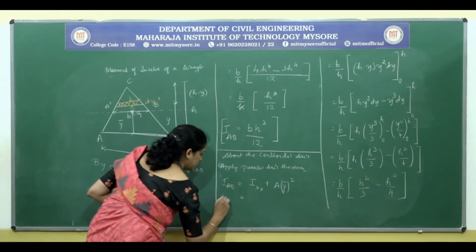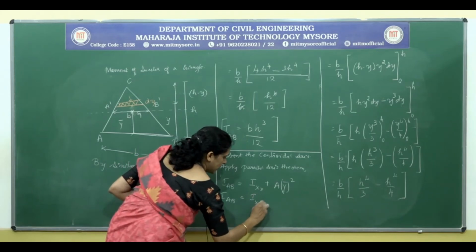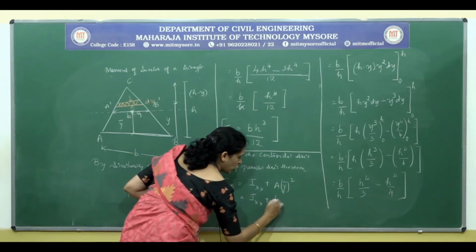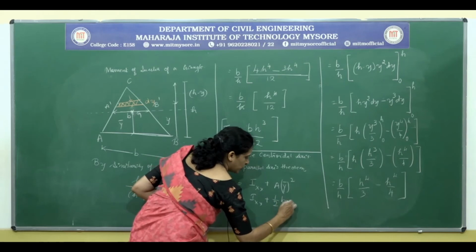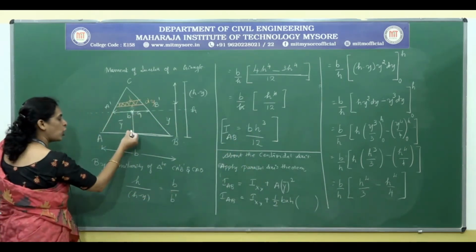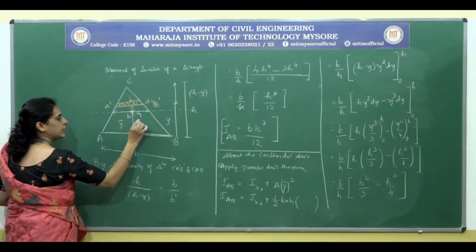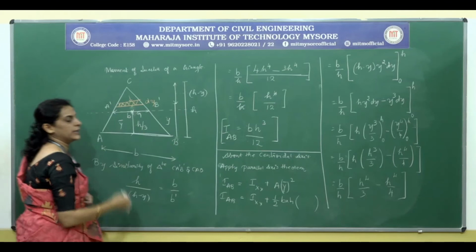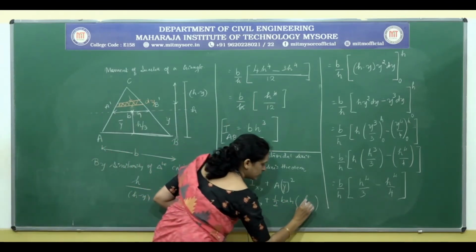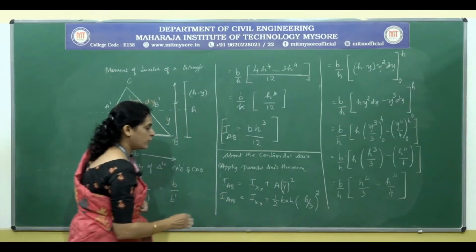So, now for the IAB is equal to IXX plus area of the triangle, which is half into B into H. Next is the centroid of the symmetric triangle above the base, which is H by 3. Therefore, it is H by 3 whole square.